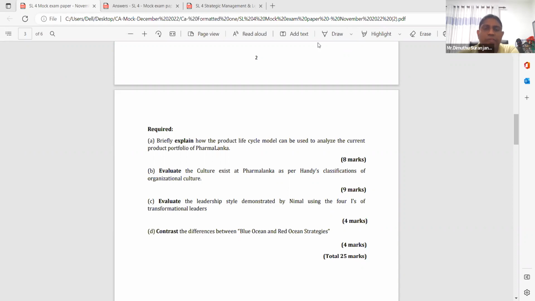Yes, from reading the questions first. Within the questions, what is the main focus you should give first? Yes, the action verb. Very important. You have to read the action verb very carefully and understand the requirement. That is a very important point. Here the action verb given is explain.